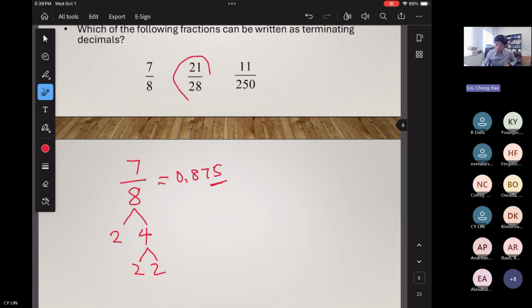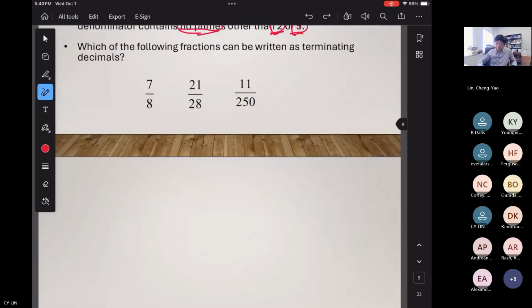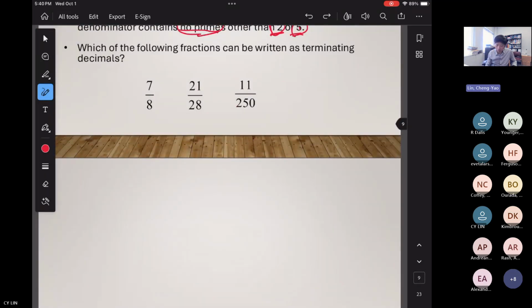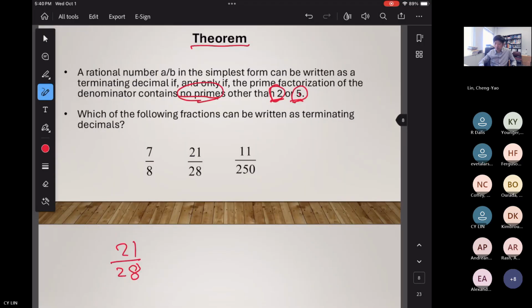All right. Can you do the second one? Take a minute and do this one: 21 over 28. You want to tell me whether this is a terminating decimal or a non-terminating decimal.